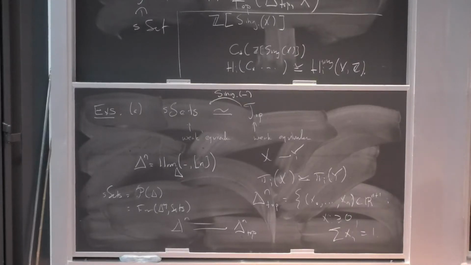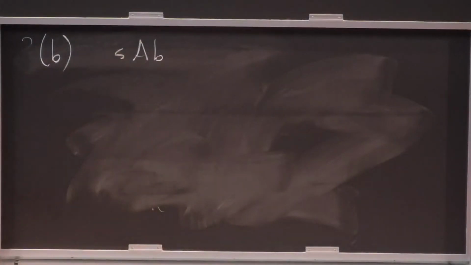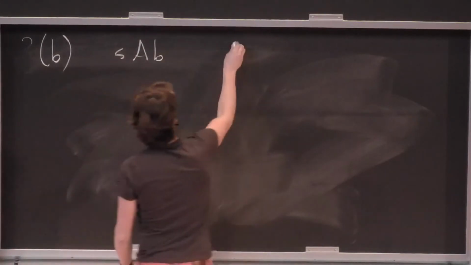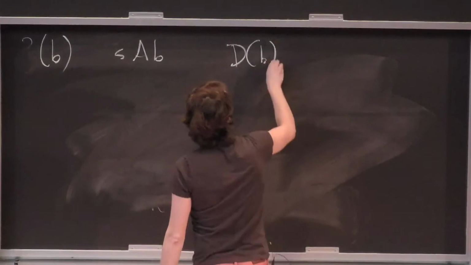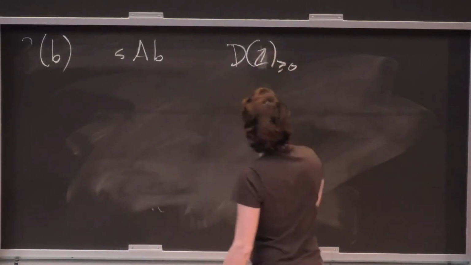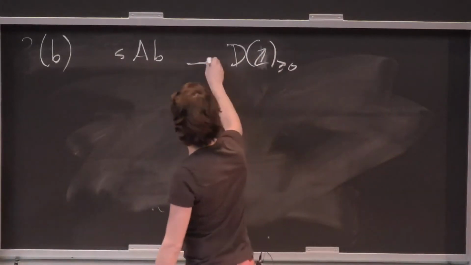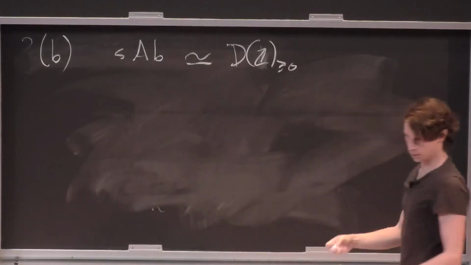So B is, I can take simplicial abelian groups, and we've just seen an example of one of those. This is a simplicial abelian group. And the derived category of K, the connective objects, of Z, I guess. The connective objects. And once again, these are equivalent as homotopy theories.